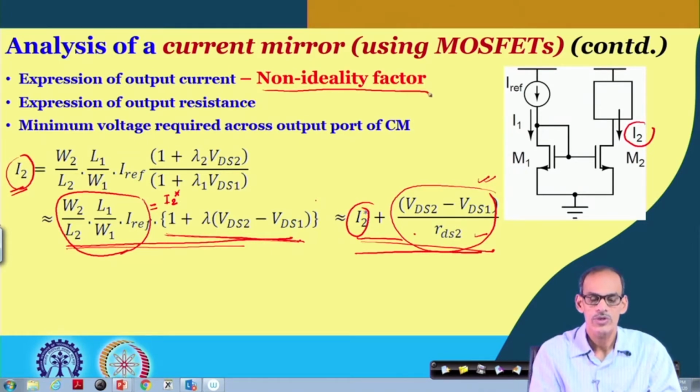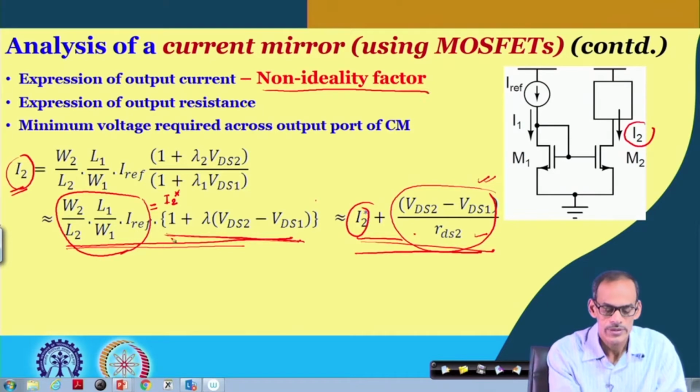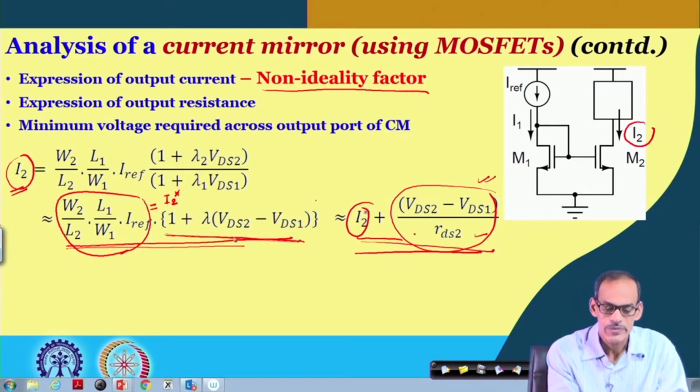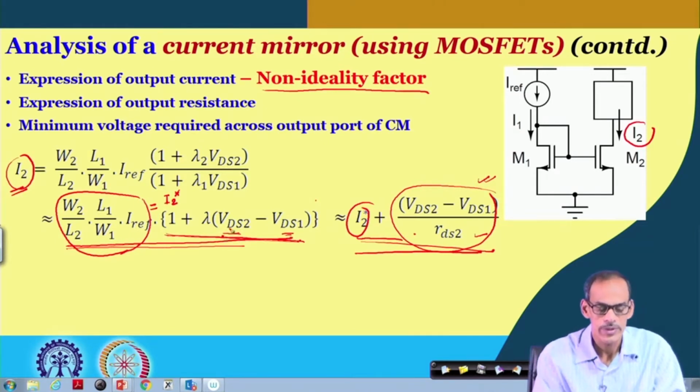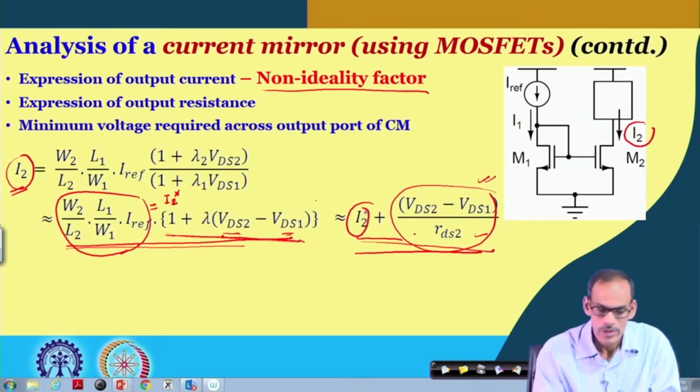So, the non-ideality factor is essentially 1 plus this additional component. Of course, if this VDS 2 is higher than VDS 1, then this will be positive, otherwise it will be negative.